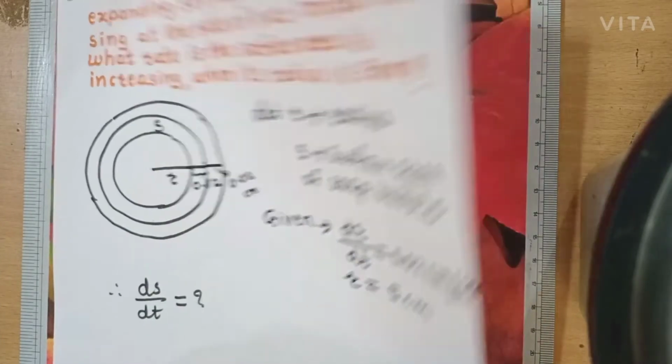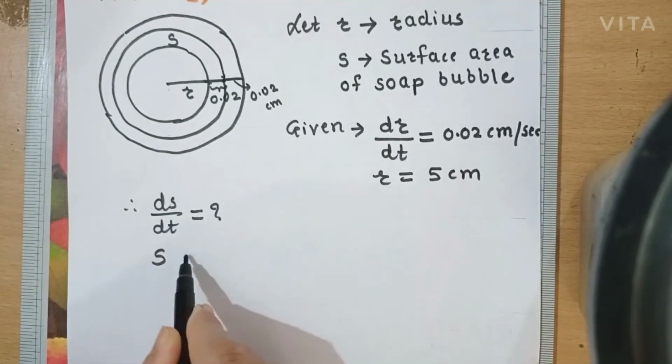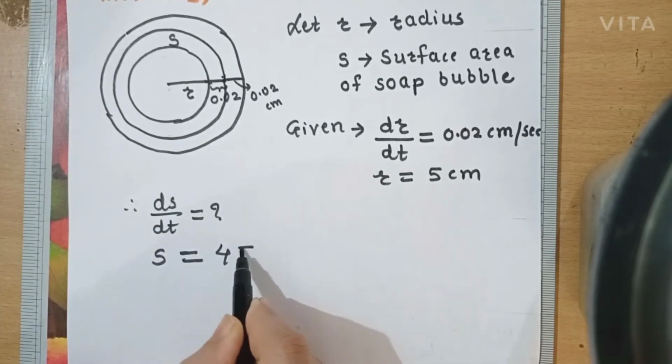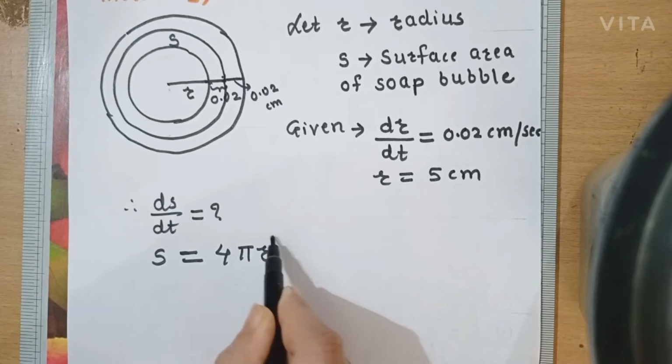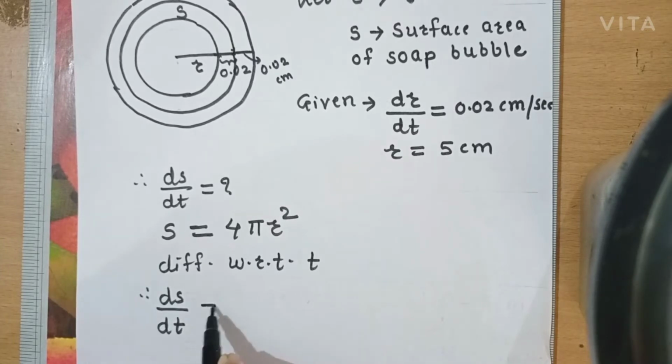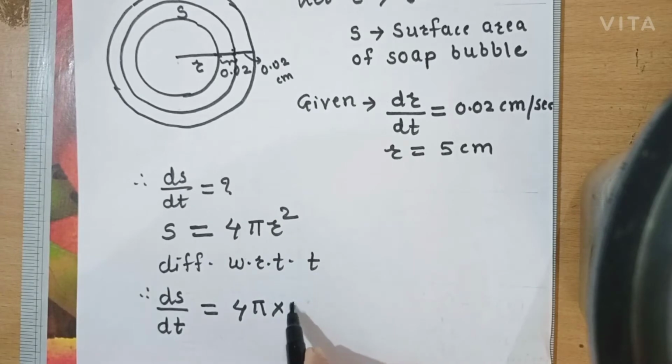So we know that the surface area S of sphere is given by 4 pi r square, and therefore ds by dt is equal to 4 pi is constant and derivative of r square is 2r into dr by dt.